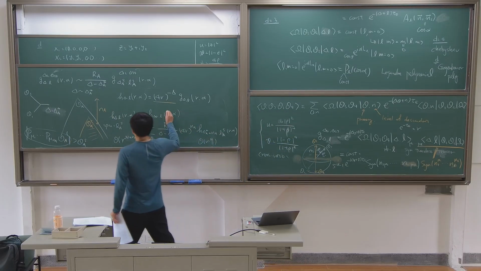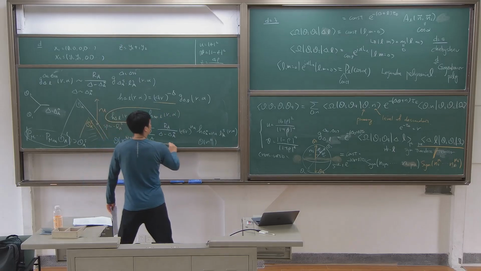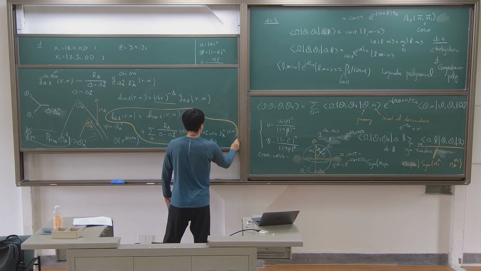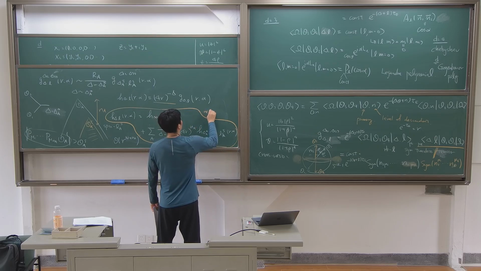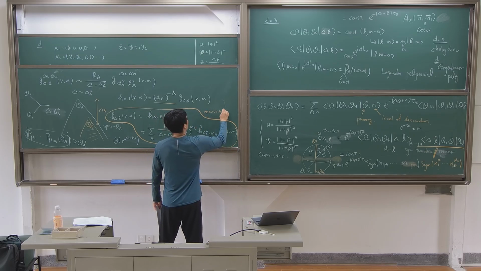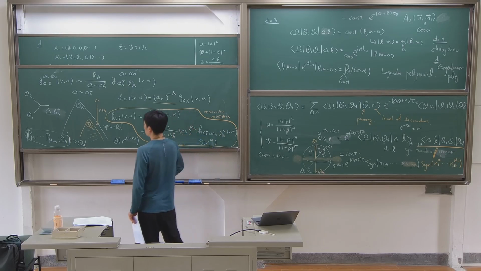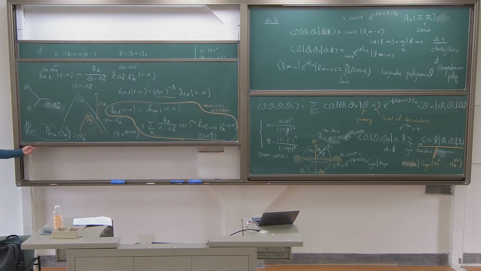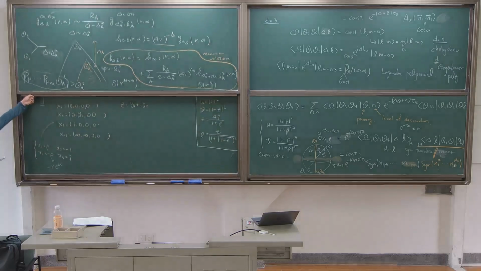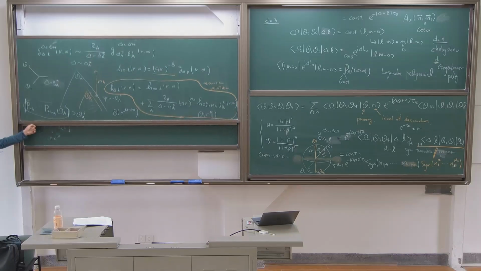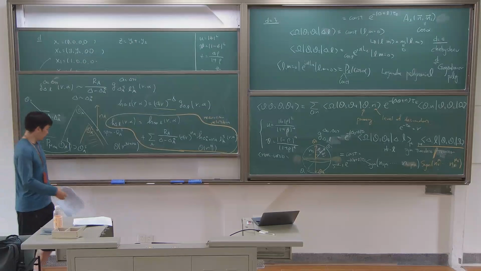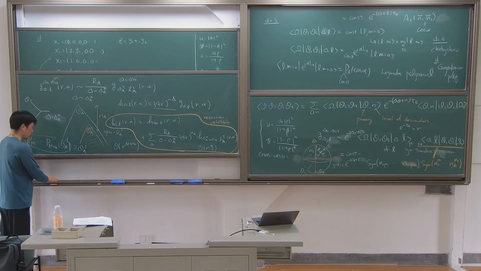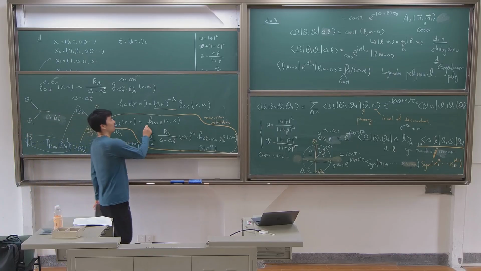So if you use this structure when the conformal block takes a form, this is called the recursion relation of the conformal block. Okay. So in that case, those functions are already determined in some way.